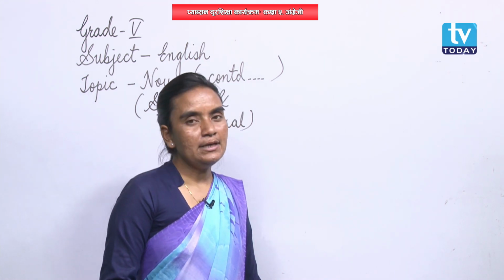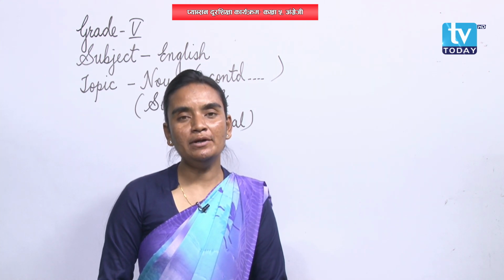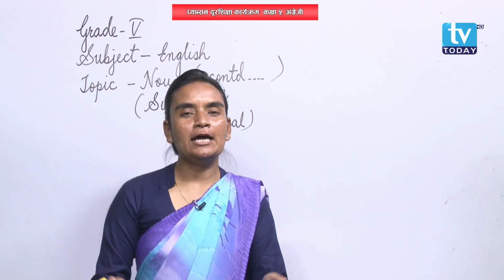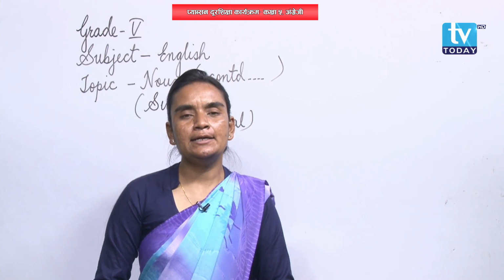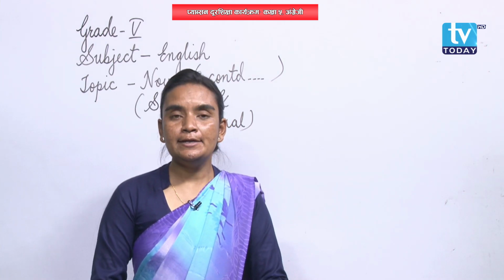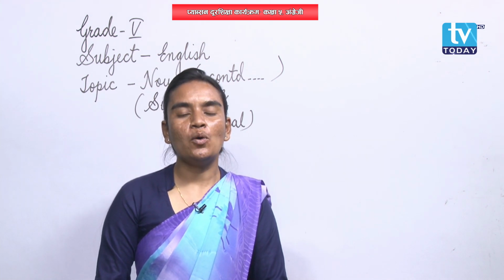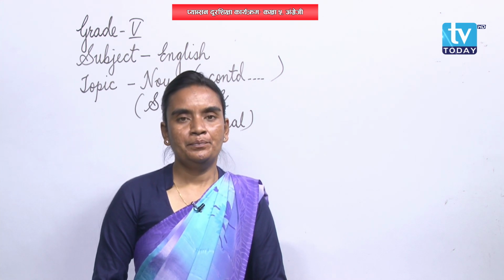Common noun is a type of noun which comes after proper noun, and it denotes the name of all at once, or in common, or in general. If we keep the naming word, that is called common noun. For example, boy.